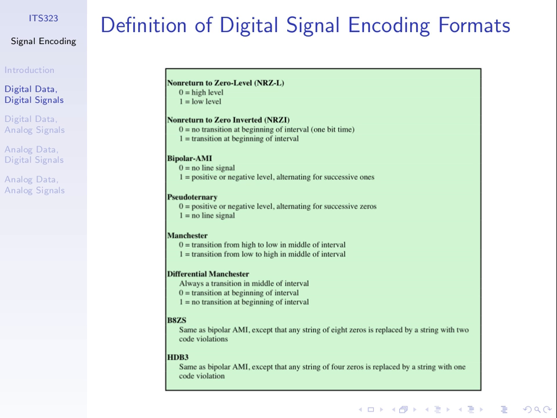So we maintain at the high level. Bit 0, maintain the level. Bit 1, transition or invert. Another bit 1, transition. Bit 0, maintain the same level. Bit 0, 0, 1, we have a transition, and another 1.